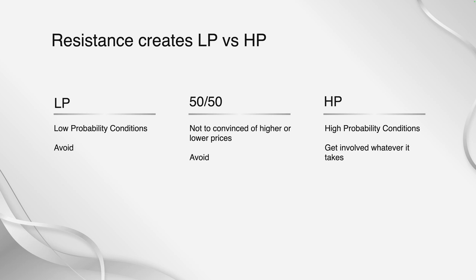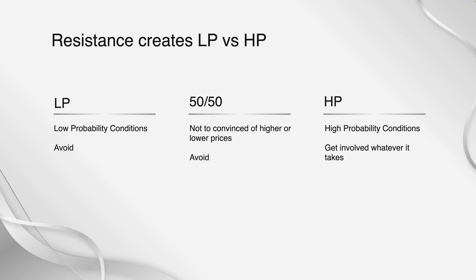So they move from one high probability condition towards the next one, but whilst they move, they also encounter low probability conditions where they will blow all their profits before they even get a chance to trade high probability conditions again.